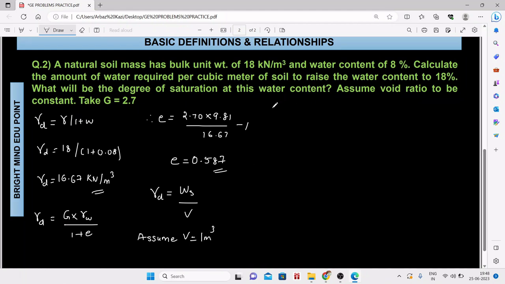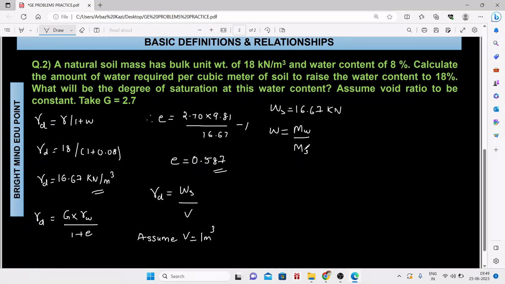So therefore, the weight of solids will be equal to 16.67 kilonewtons. We know the formula for water content is mass of water to the mass of soil solids.